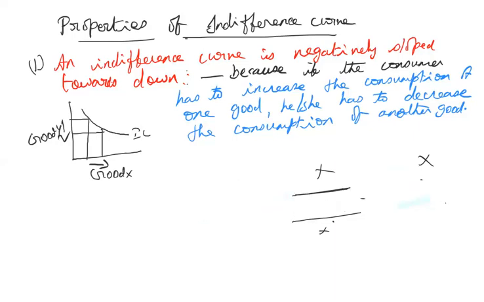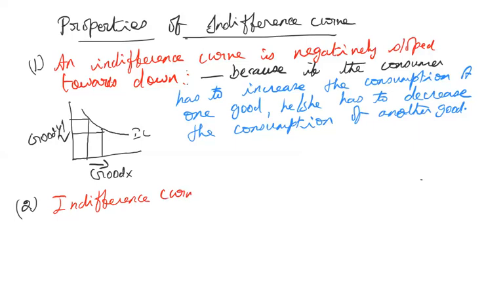Then the second property of indifference curve is, indifference curves are always convex to the origin. Okay, so this is convex. Whatever this diagram represents, this is convex to the origin.